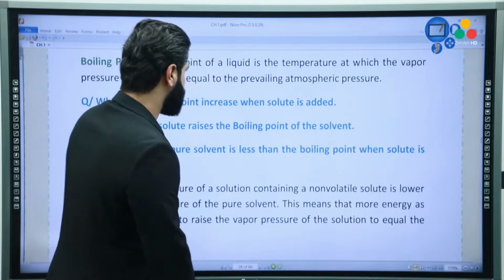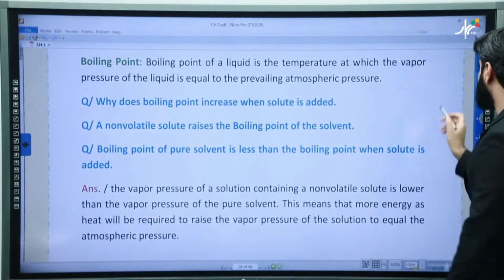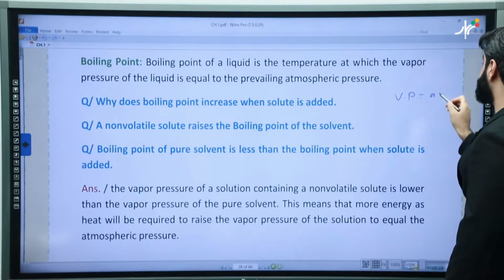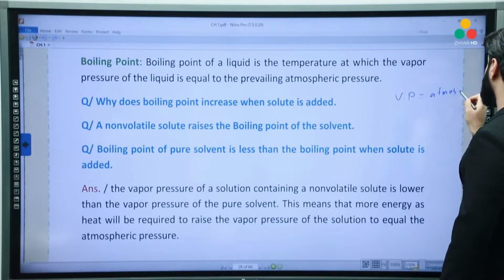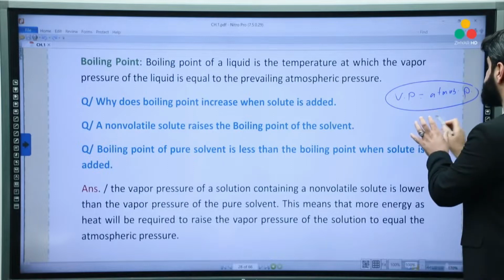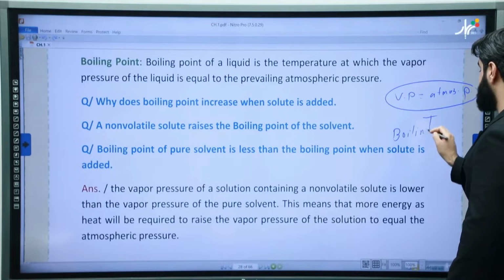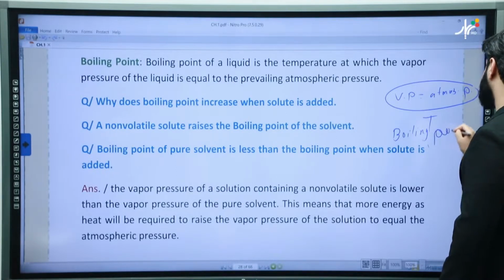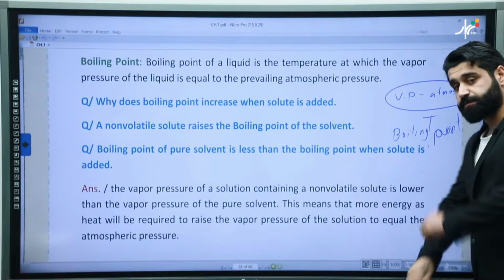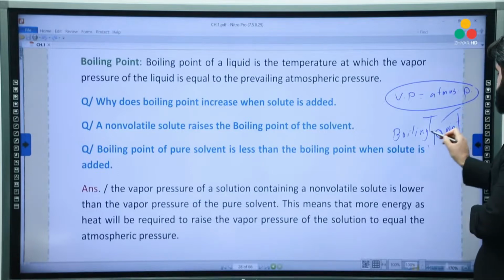As I said, when vapor pressure equals atmospheric pressure, this temperature is called the boiling point, or boiling temperature.